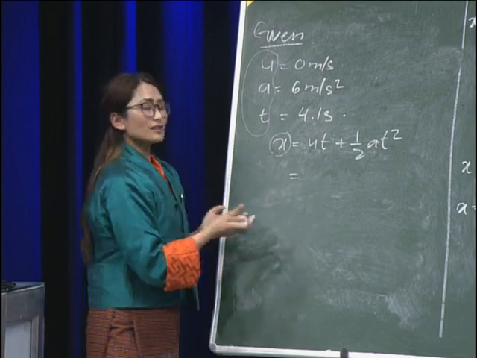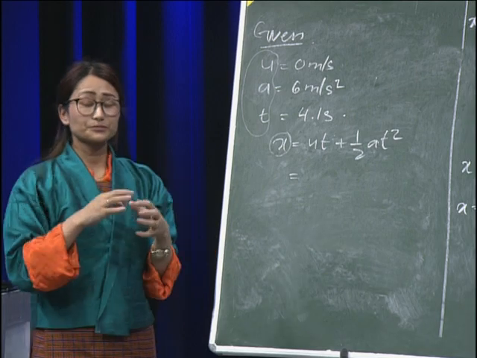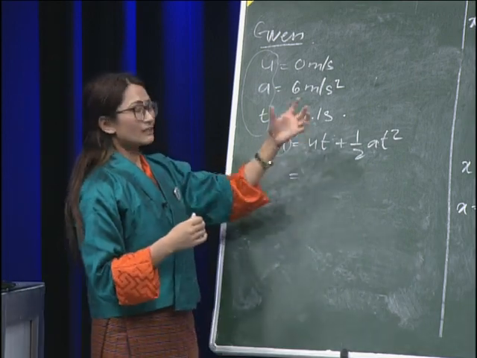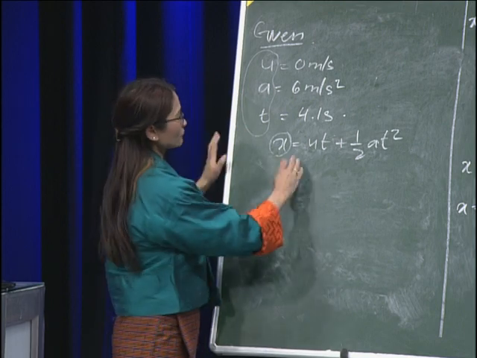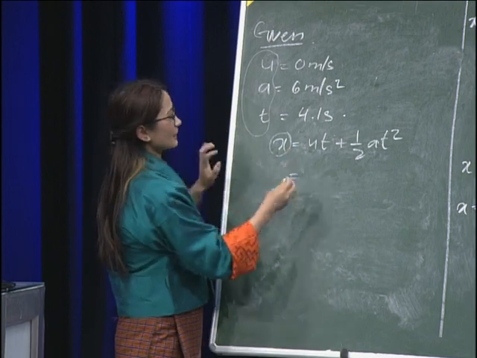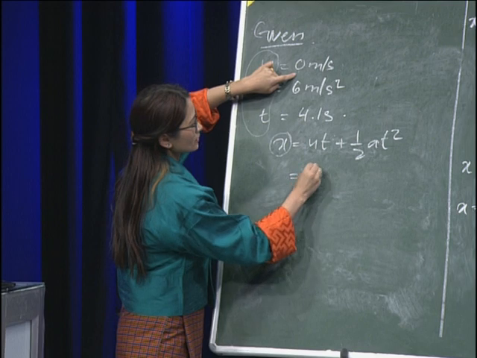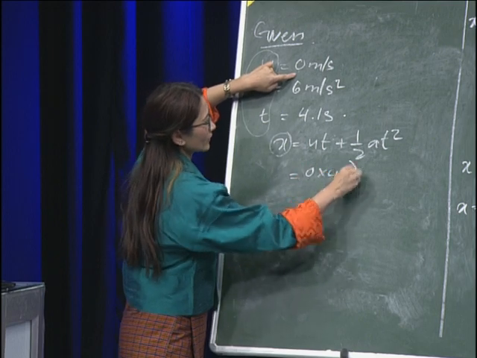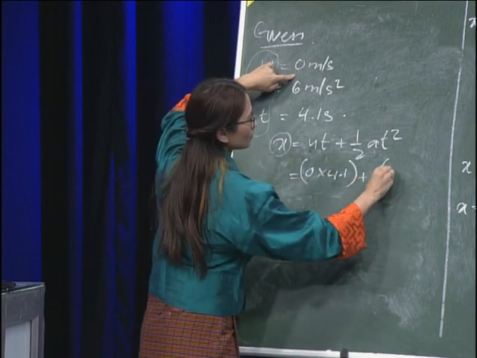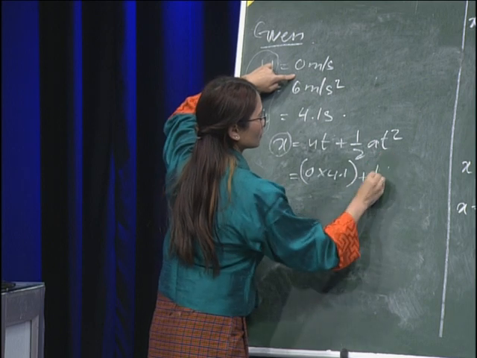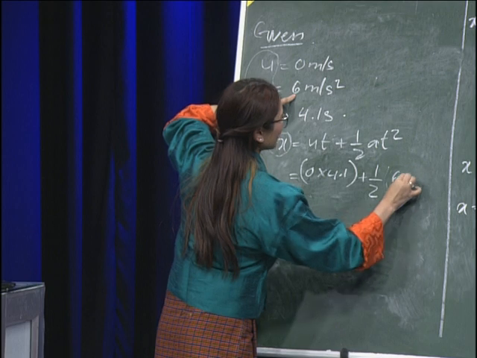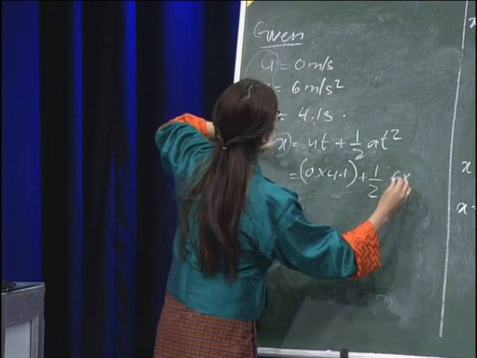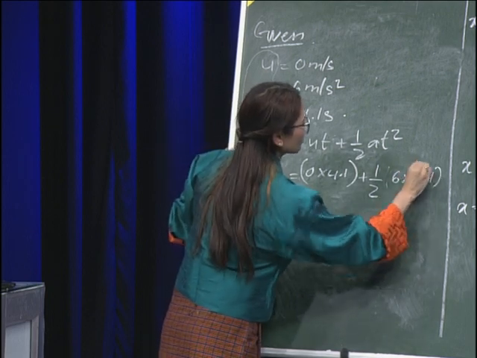After taking the equation, we just plug in the values of u, a, and t. We get 0 times 4.1 plus 1 by 2, acceleration is 6, times time 4.1 square.